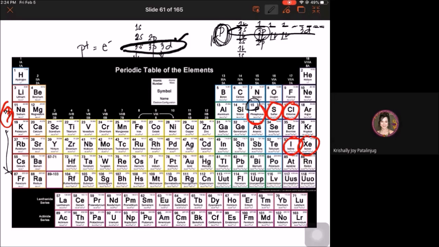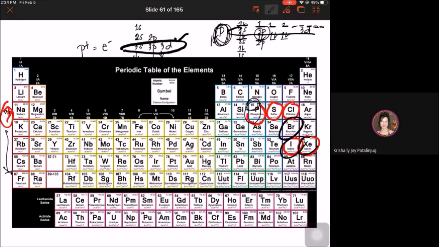Okay, hindi naman lahat, pero pinaka-common to: phosphorus, sulfur, chlorine, xenon, iodine, minsan si bromine. Okay, so those are the most common, kasi meron silang empty orbital na pwedeng mag-hold ng additional pair of electrons.